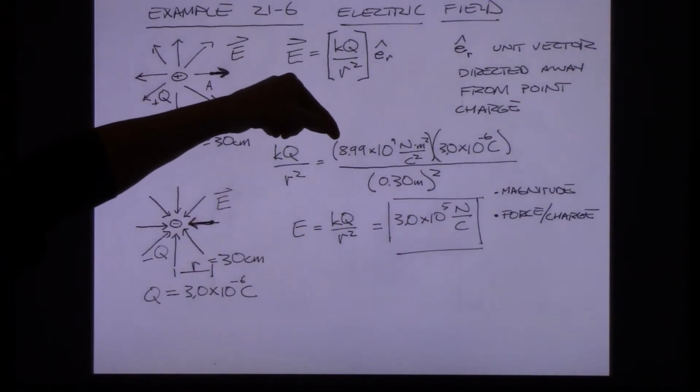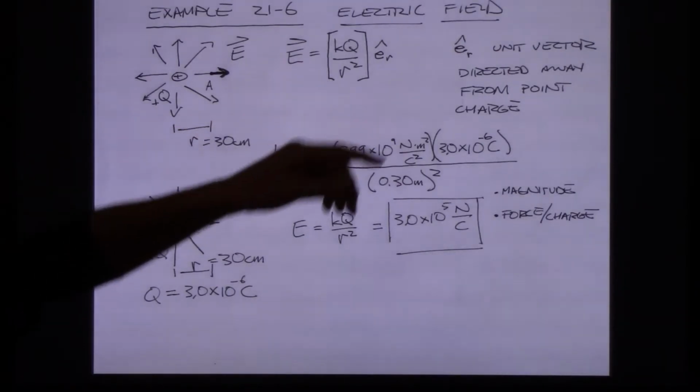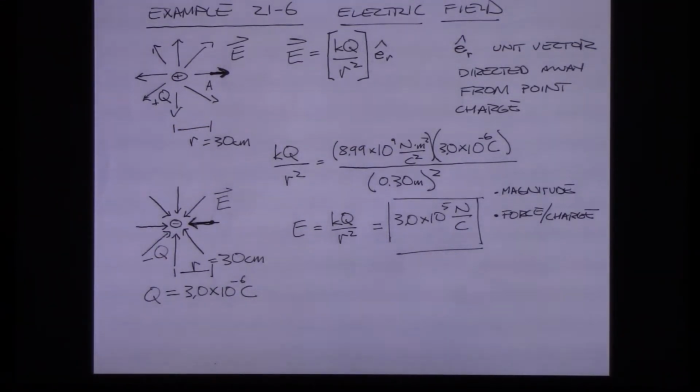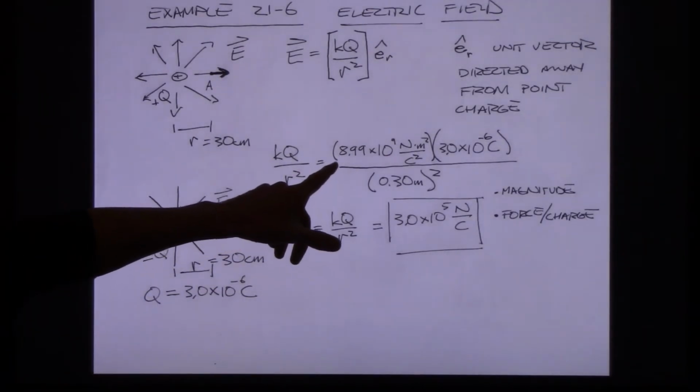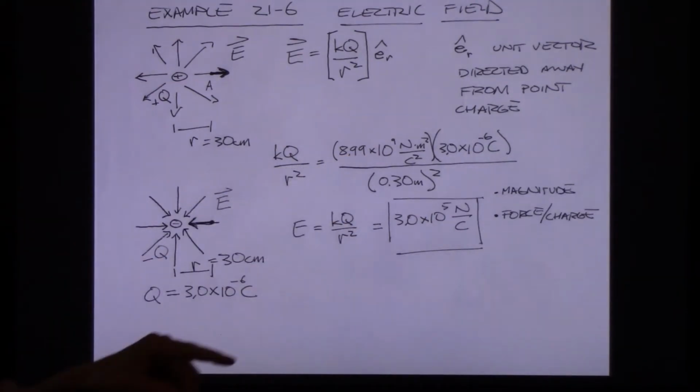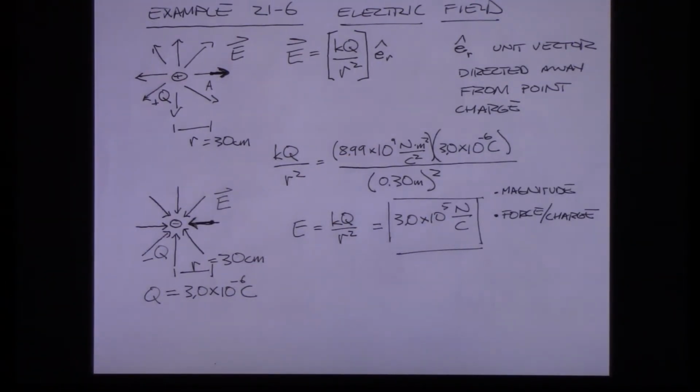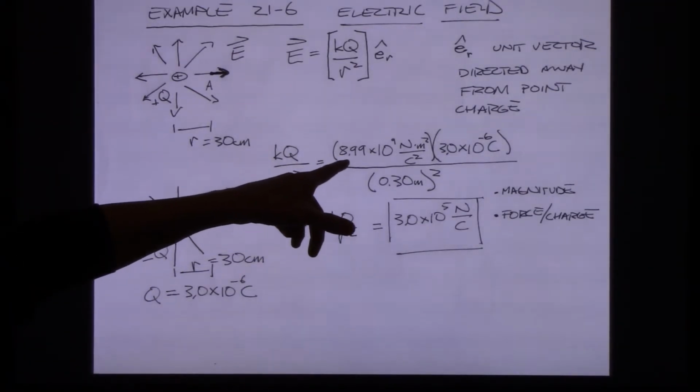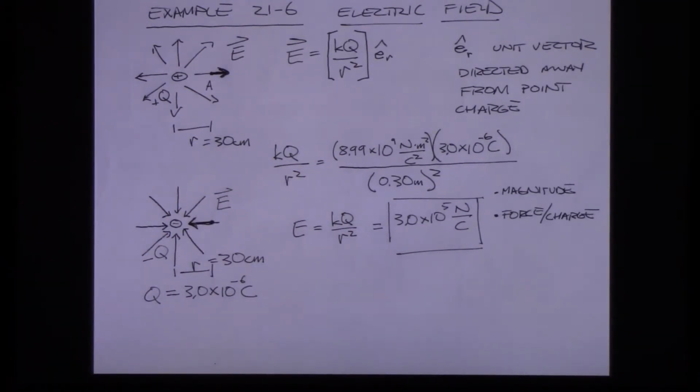Now, what you're finding here is this 8.99 times 10 to the 9th. That can actually be rounded a bit. I put the 8.99 in, but if you're taking a midterm, you could also just put in 9 times 10 to the 9th. Try it both ways and see what difference it makes, because let's face it, if I put in 9 times 10 to the 9th, that's only an error of 1 part in 899.